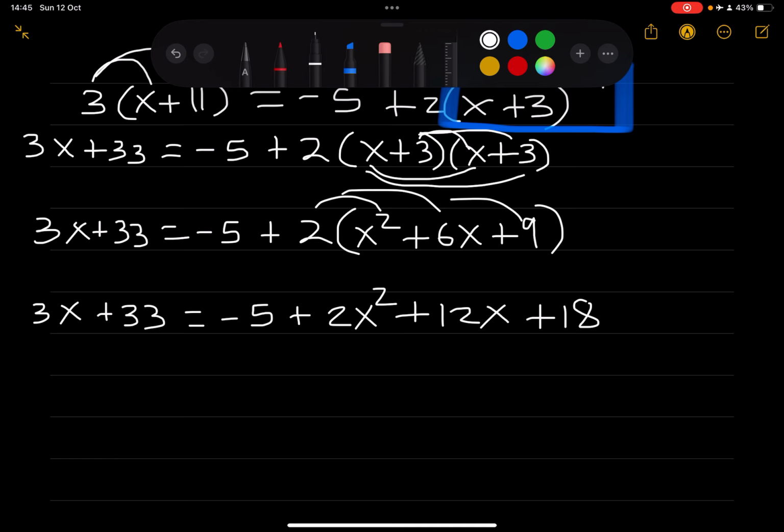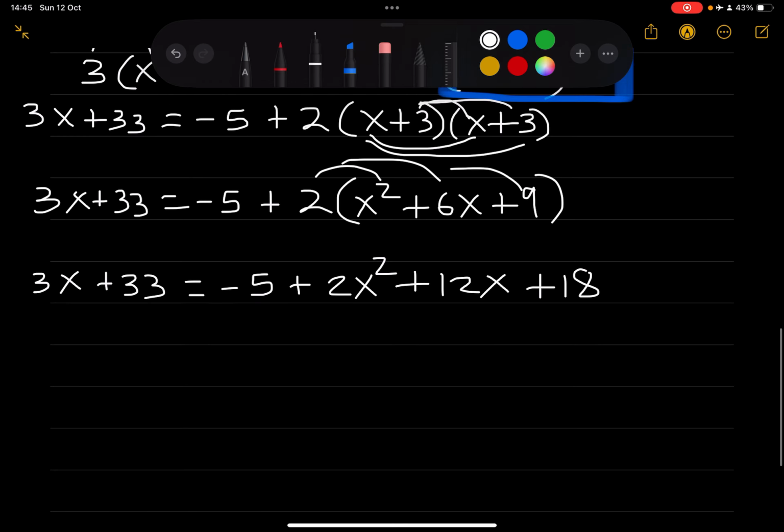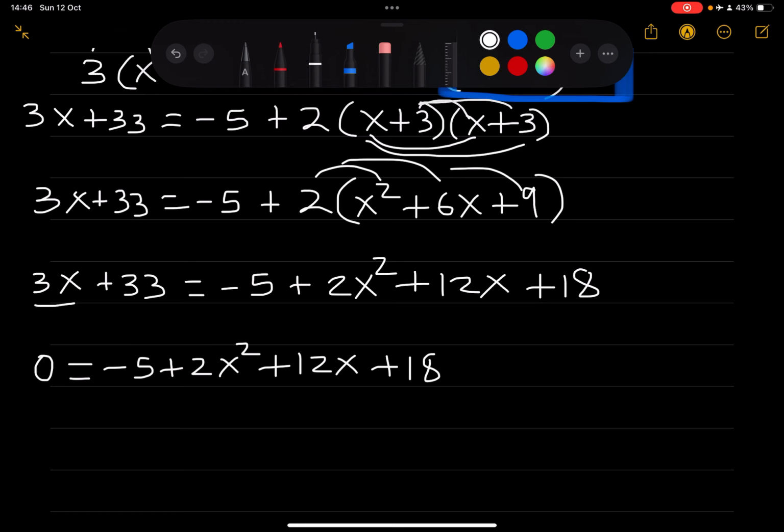All right. Now, let us see. I'm going to bring everything to the right. So here I'm going to have minus 5 plus 2x squared plus 12x plus 18. Then the positive 3x will become minus 3x. The positive 33 will become minus 33.